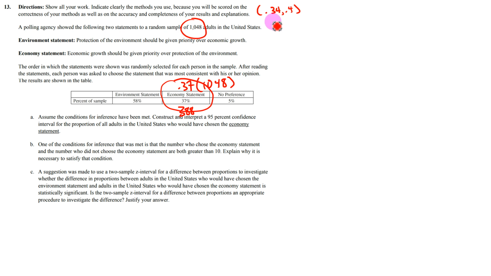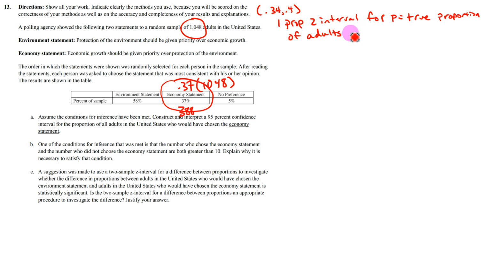We're doing a one-sample, one-prop Z interval for p, and I'll go ahead and do it here: the true proportion of adults in the U.S., it did say economy statement, right?